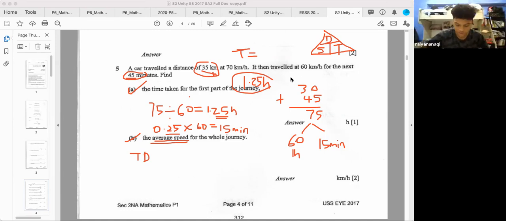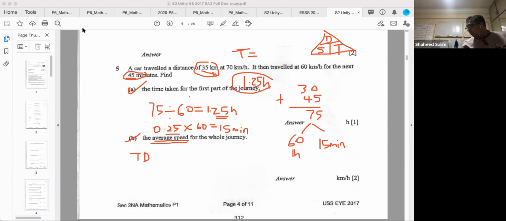Oh, second part, yeah. It's 42 kilometers per hour.